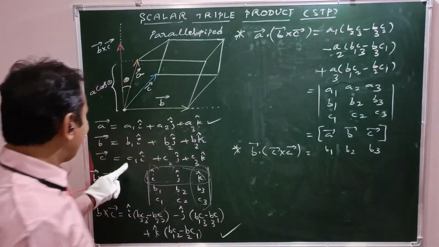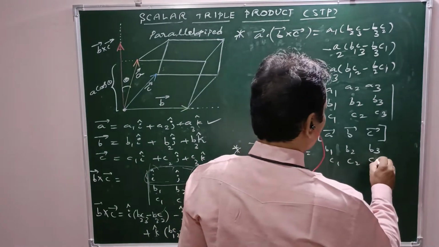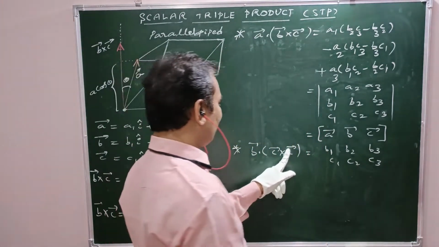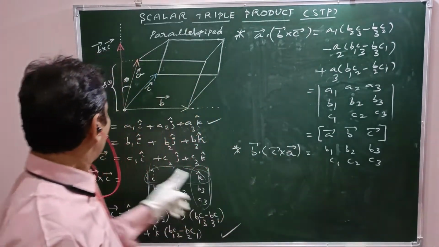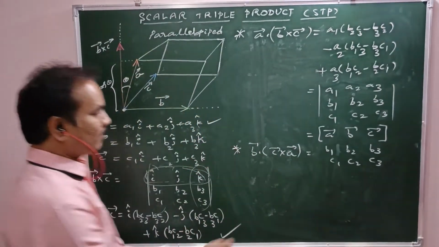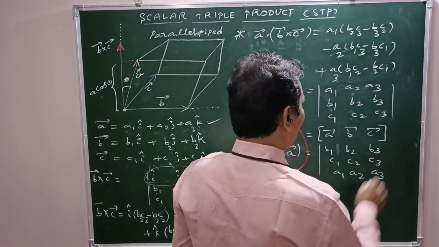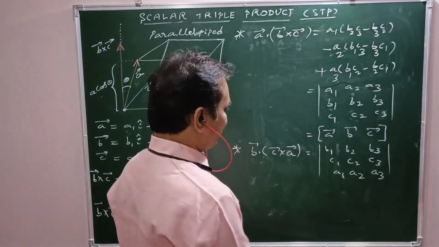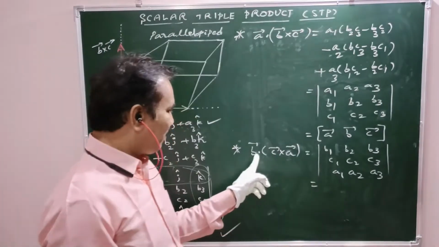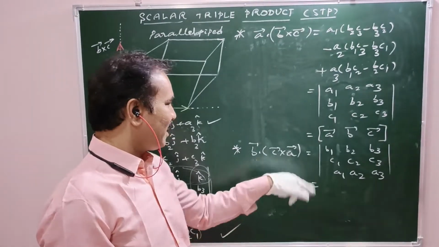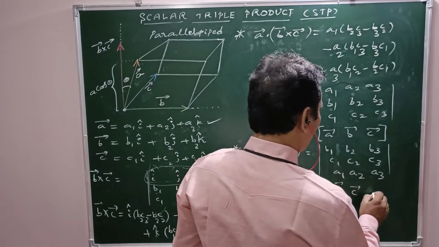C bar, coordinates C1, C2, C3. What is the third vector? That is A bar, coordinates A1, A2, A3. Now take the determinant. This can also be written as BCA. See the order. B bar dot C bar cross A bar, that is bracket B bar, C bar, A bar.